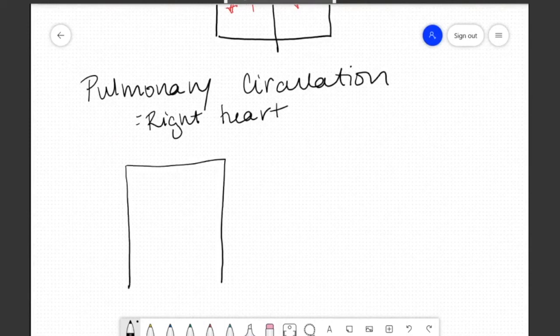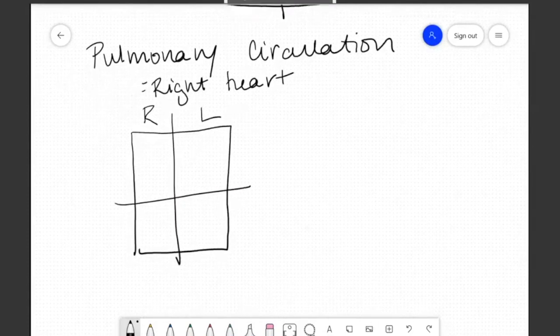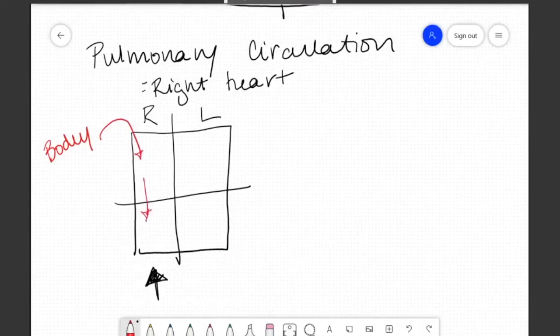Remember, this is the right side, this is the left side. So pulmonary circulation is going to be a product of this side of the heart. And the way that works is blood is coming from the body into the right heart. It'll go down and then it'll go out.